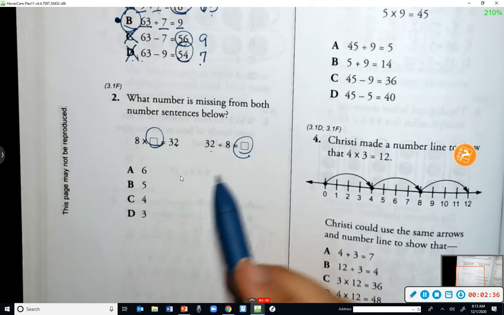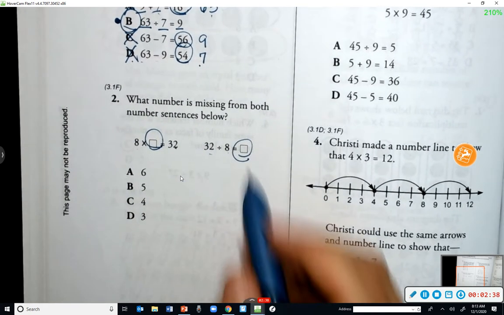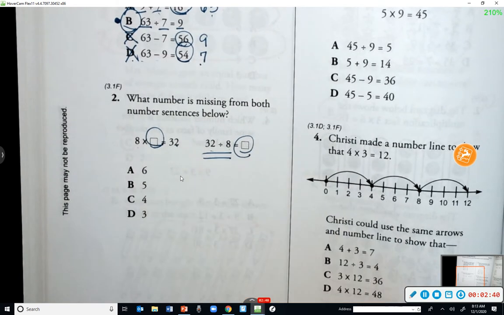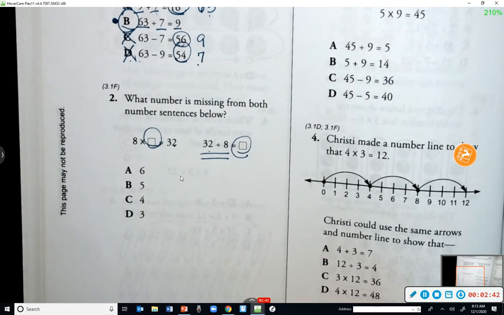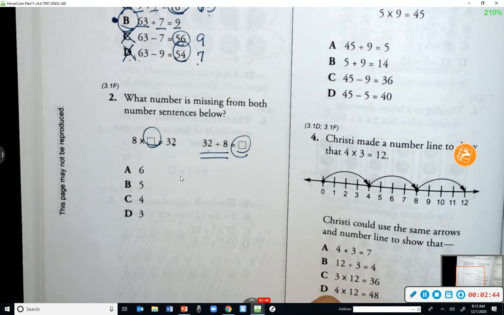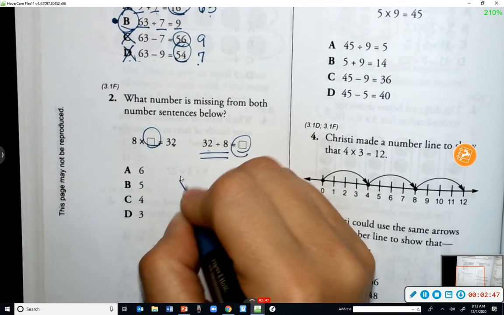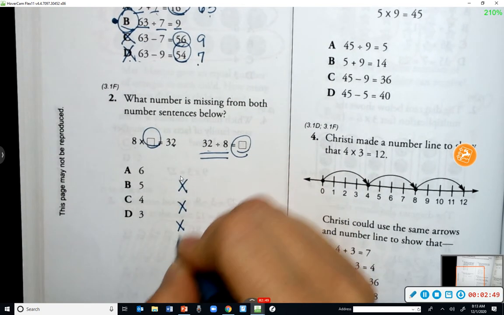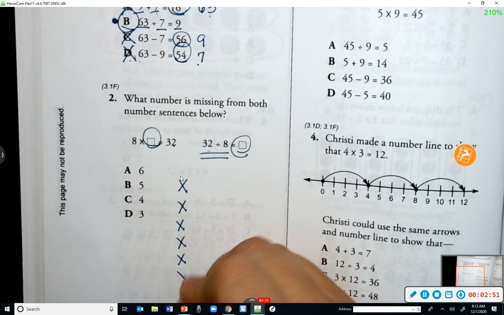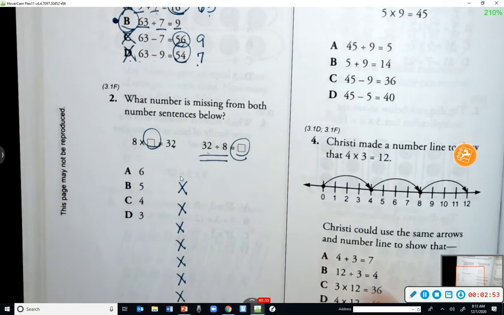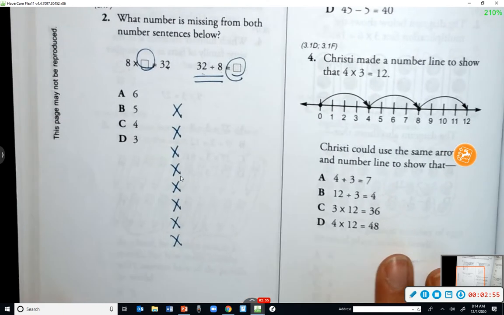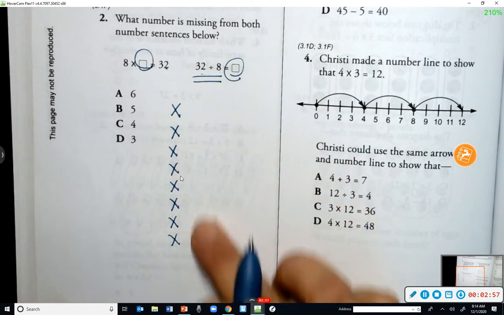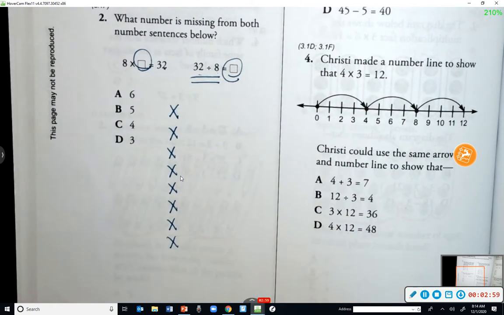An array. So if I'm going to do an array for this division problem, 32 divided by 8, I'm going to start by doing 8. 1, 2, 3, 4, 5, 6, 7, 8. And then I'm going to keep filling in these columns of 8 until I get to what? Until you get to 32. Good.